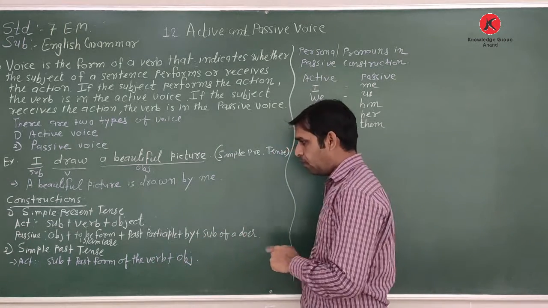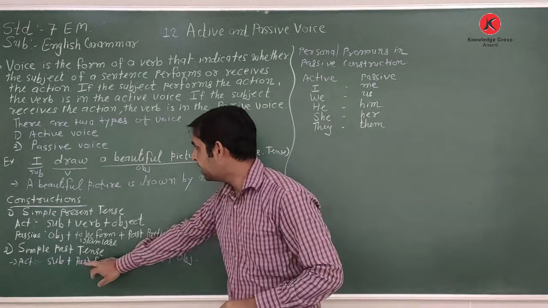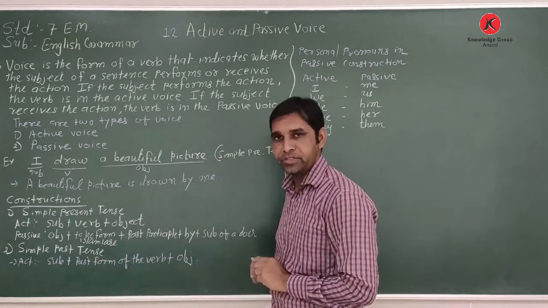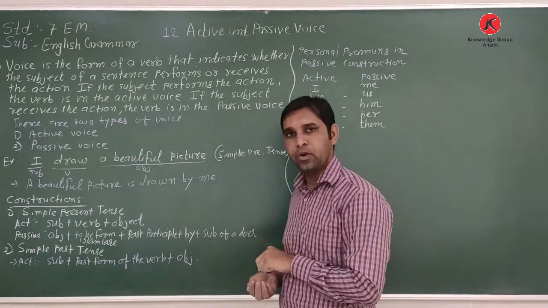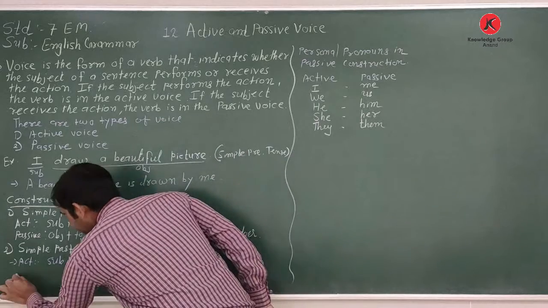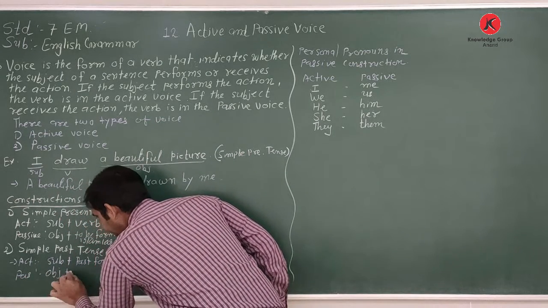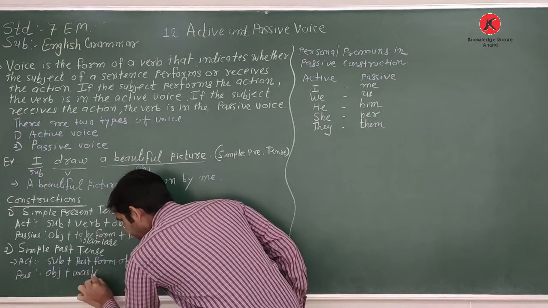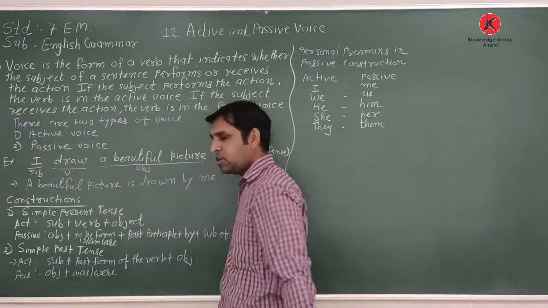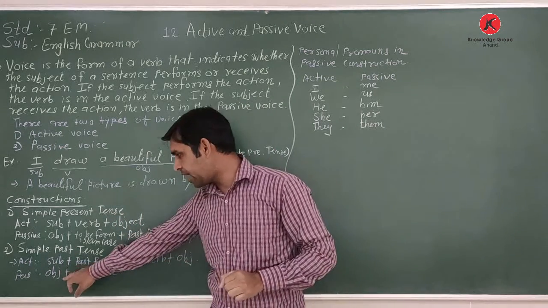The example of this: I drew a beautiful picture. The passive construction: write the object first, then was or were according to the given object.